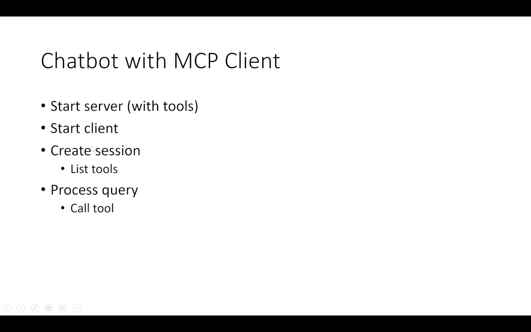We'll create a session, establish a session between client and server. On that session, we'll list the tools, and then we'll keep on processing the query. Now for this query, if there is a tool call, it will make a tool call on the session that is established with the server and give you the results.